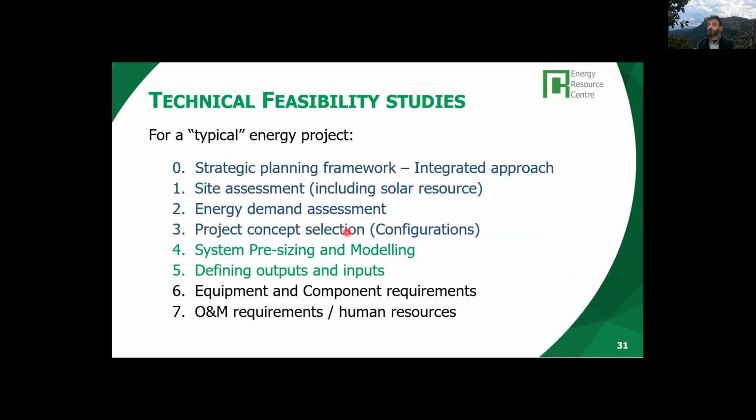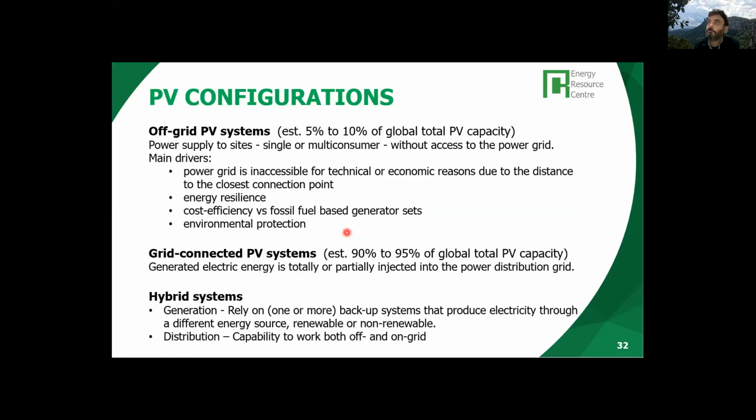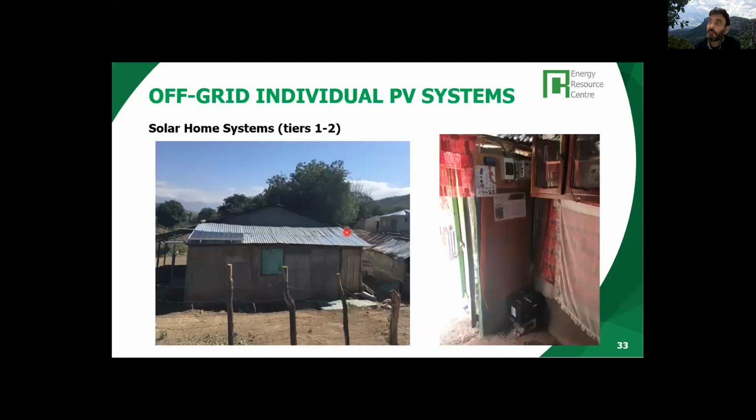So let's move on to the next point. Very quickly, I'll go through the project concept selection and configurations. Obviously, when we address the design of a PV system, we need to be very clear about what kind of system we are approaching. Whether it is off-grid, grid connected, or hybrid, we need to spend time defining that.